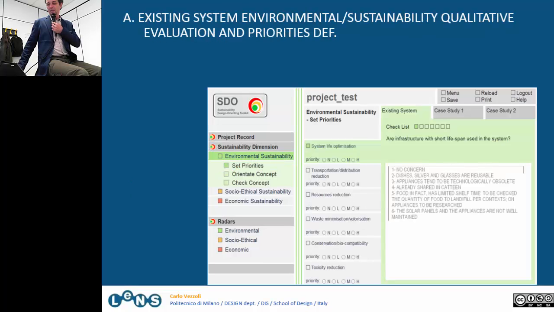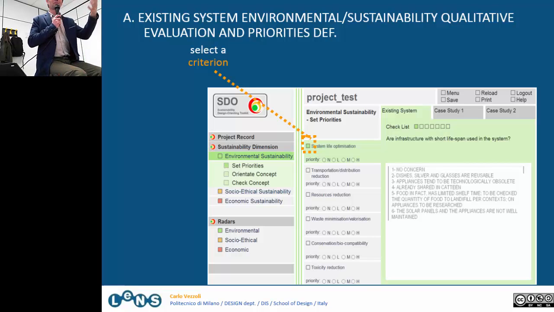So you have clicked there. You will find the six criteria we have been working on, discussing, and I hope you have been able to describe them very well in your text. So system life optimization, resource reduction, and so on. So you will find the same six criteria here.